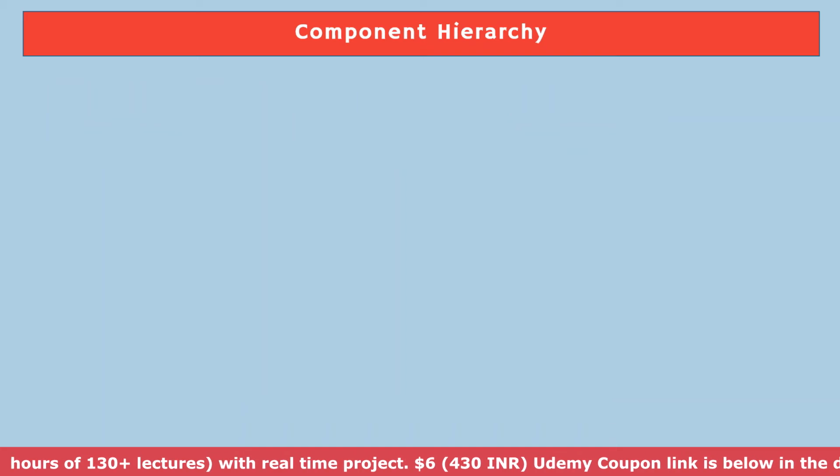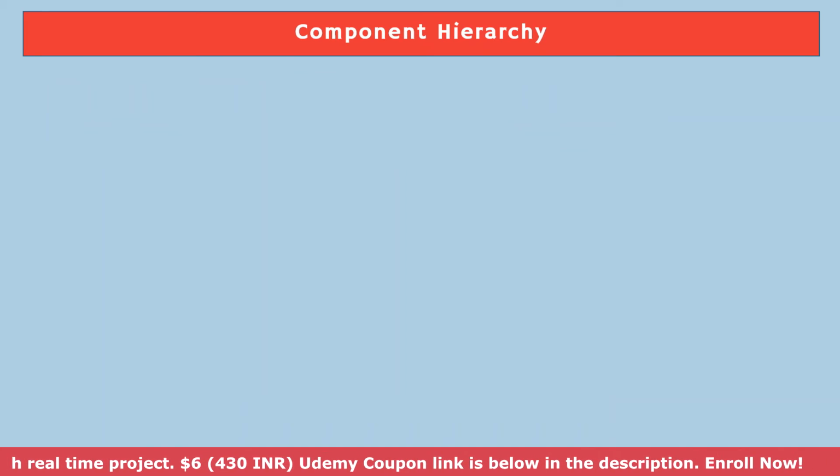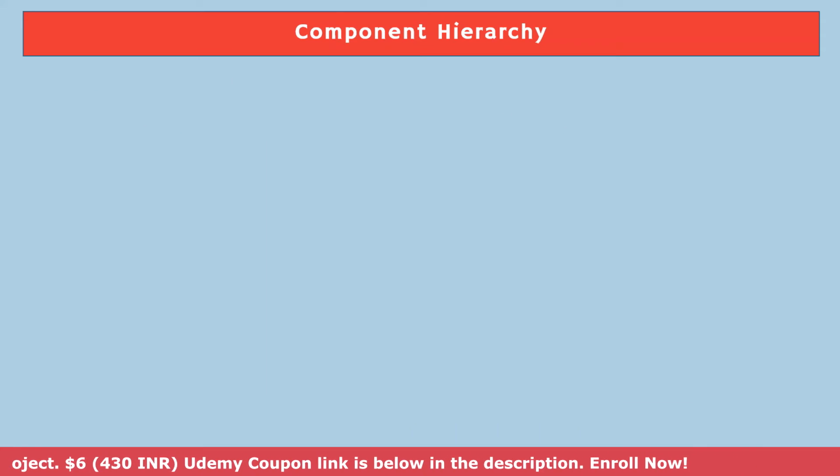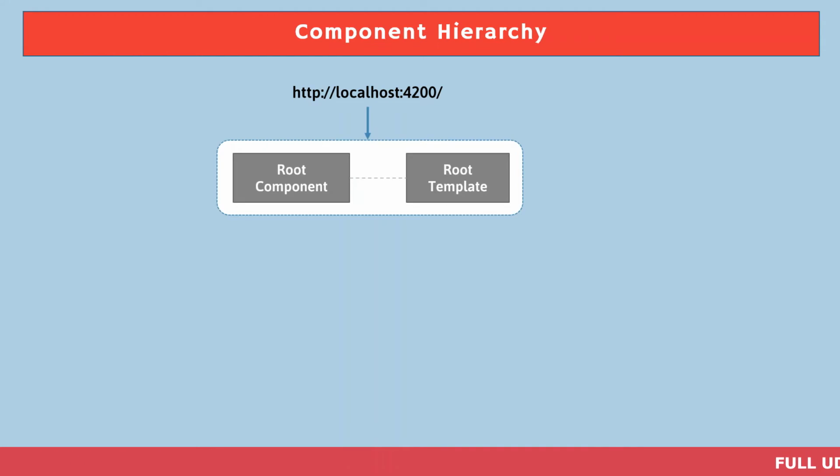Let's understand component hierarchy. At runtime, component hierarchy will be formed automatically depending on which component calls which other components. When we execute the application by using the URL http localhost 4200, by default, the root component, that is app component, will execute.